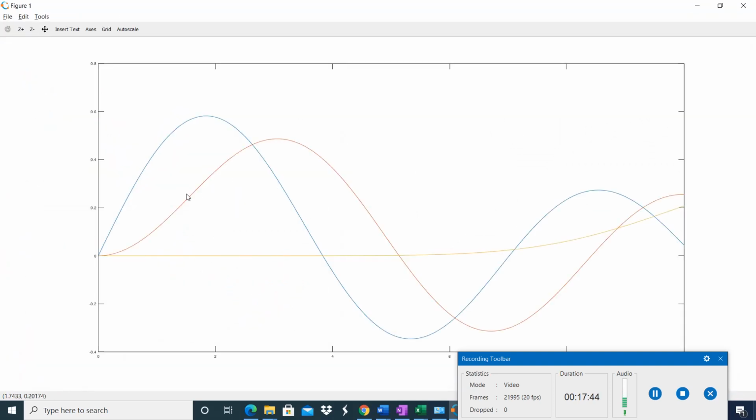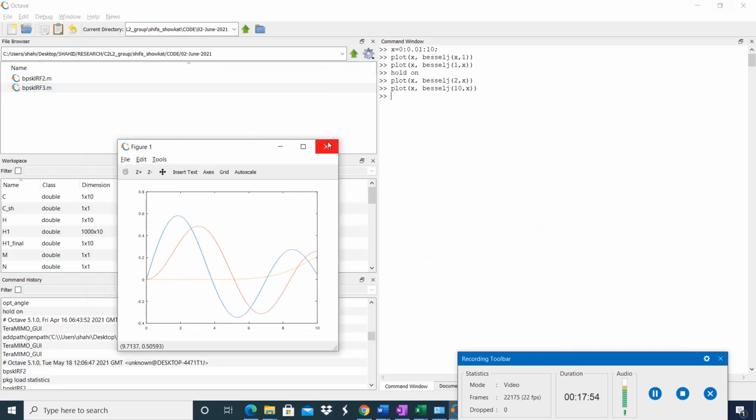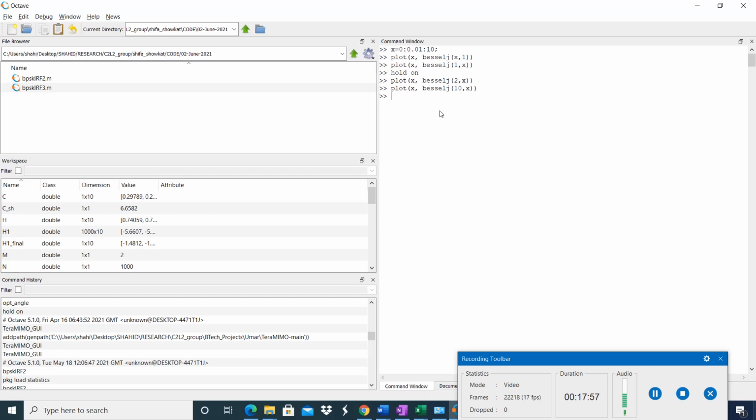This is n equal to 1, then n equal to 2, 3 will come further down, and then n equal to 10. You see its amplitude is very small. So for the Bessel function, the first component is the dominant one, which is what we call the fundamental component. As n increases, the magnitude of the Bessel coefficients decreases and they become insignificant.